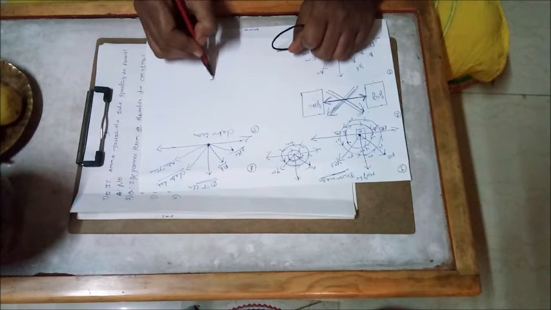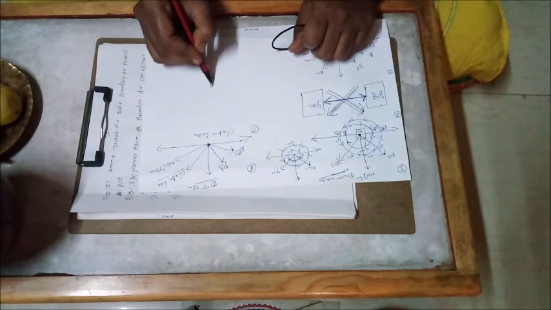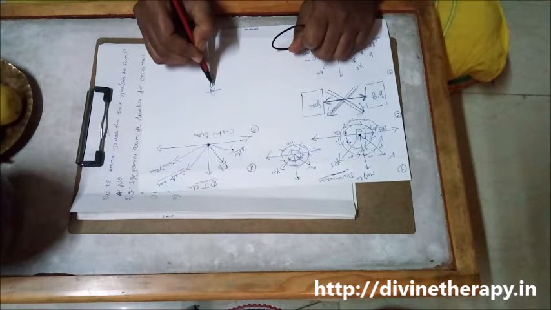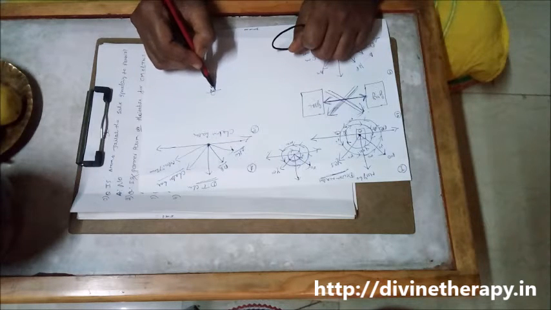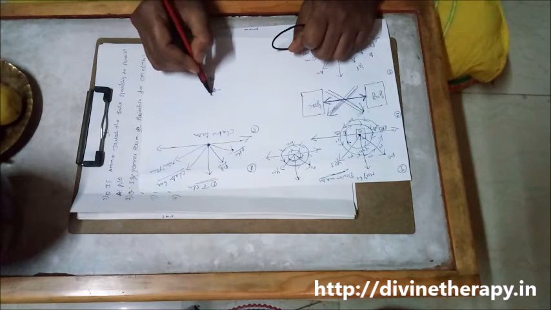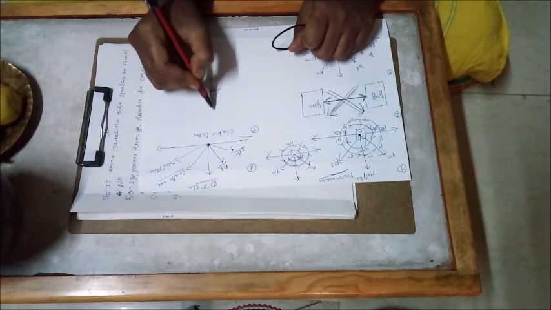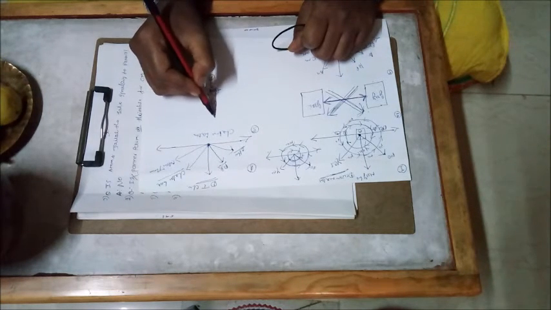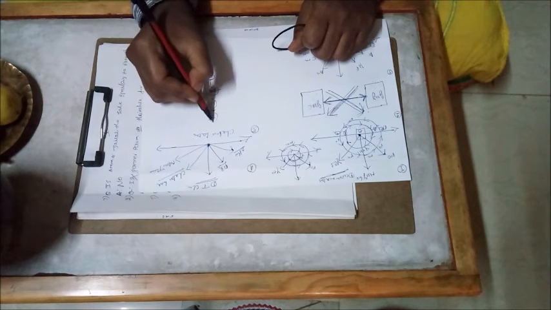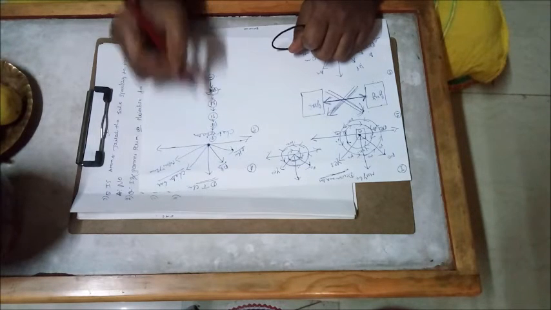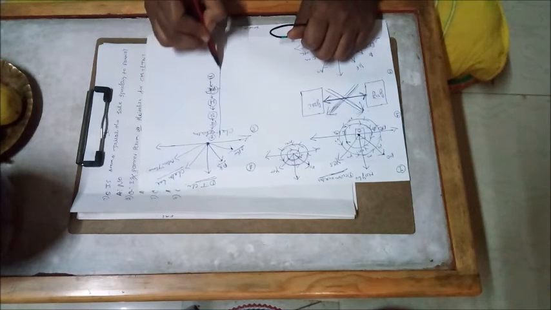Now I'll make this: Mooladhara, Swadhisthana, Manipura, Anahata, Vishuddha, Ajna, Sahasrara. So I'll make the chart in this way.